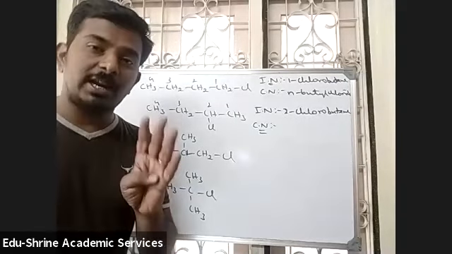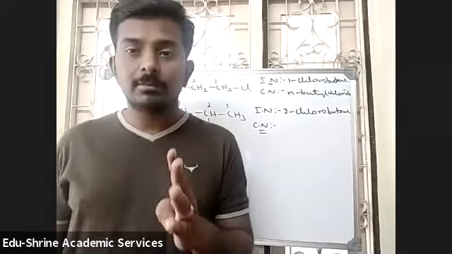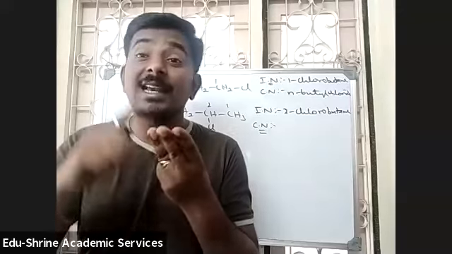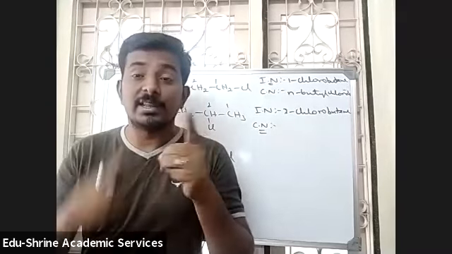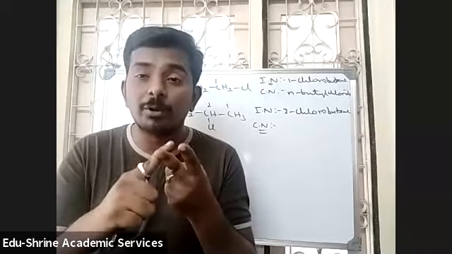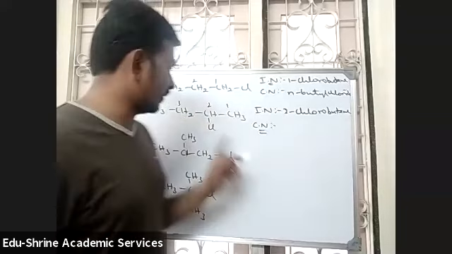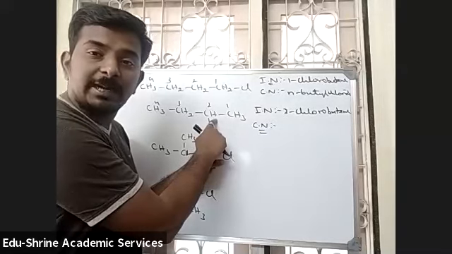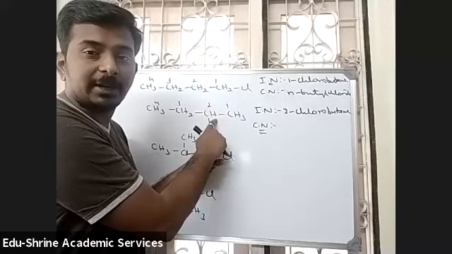Whenever you have 4 carbon atoms, three possibilities are there: N-butyl, isobutyl, secondary butyl. Here, what is the degree of the carbon atom to which chlorine is attached? Secondary carbon atom.